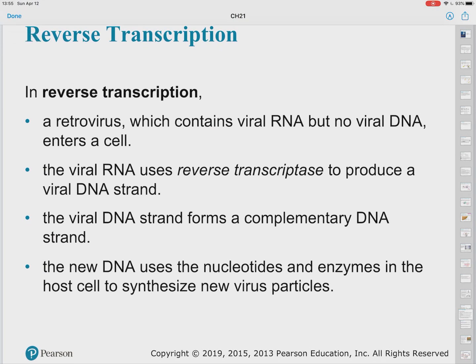Retroviruses are neat. Retroviruses don't carry DNA. Instead, they have RNA. This is how we know that RNA can also sometimes be the genetic information that leads to DNA, and that it's not always DNA makes RNA, RNA makes proteins. So what the retrovirus, like the HIV virus, has is viral RNA and also something called reverse transcriptase.